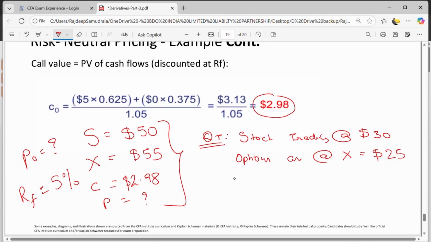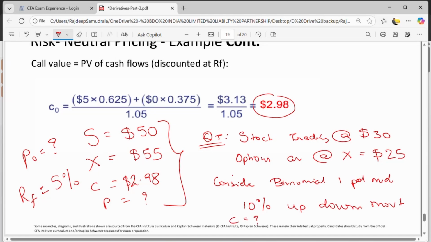Now, the question is, consider a binomial one period model, with 10% up and down movement. And the question is, what is the value of a call option and what's the value of a put option?